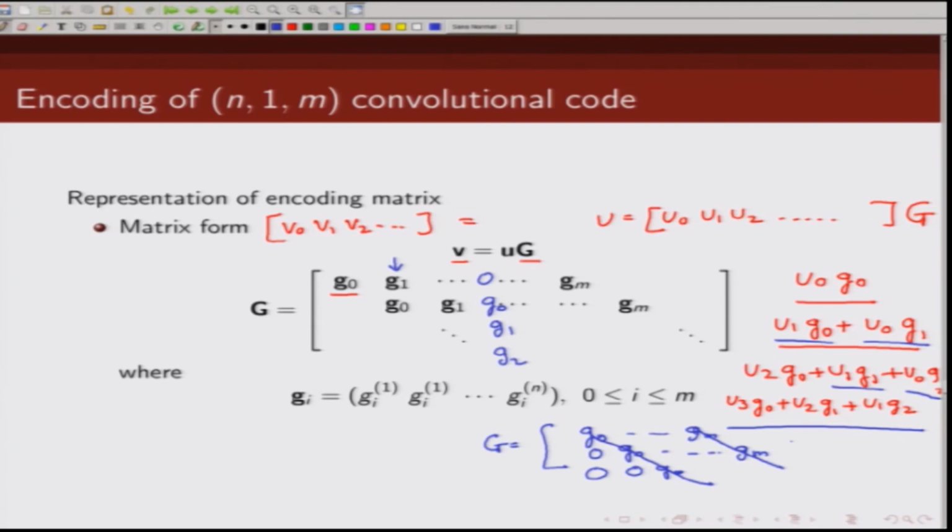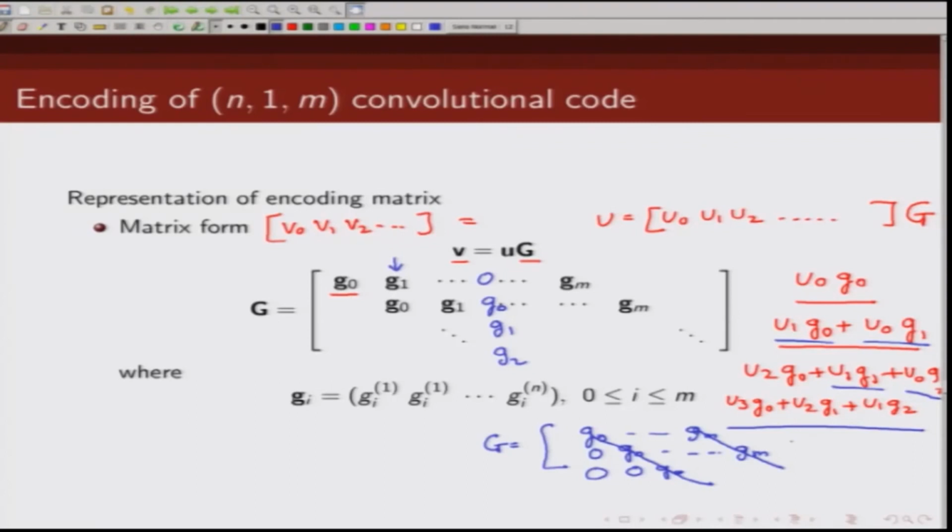Through this example for a memory 2 code, we showed that G is of the form like this. And each of these G0s will represent the n-bit output.